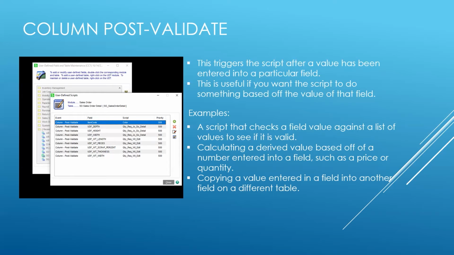So if you want the script to do something based off a value in a field, or you want it to check whether the value of the field is valid based on some criteria, that's a post-validate type of situation.